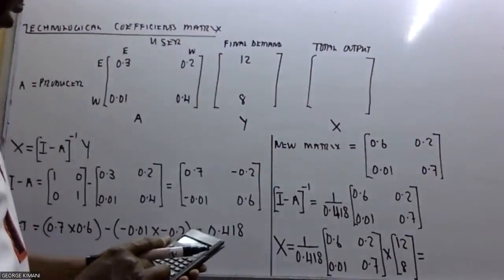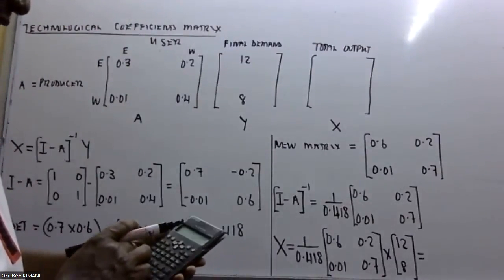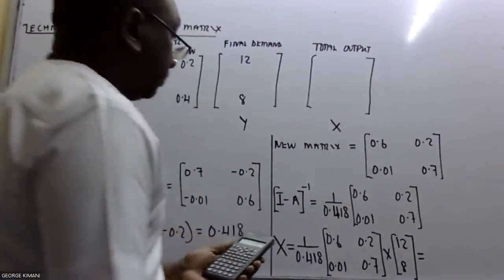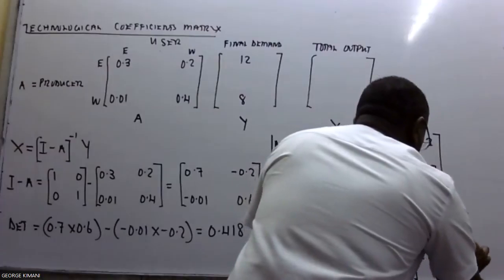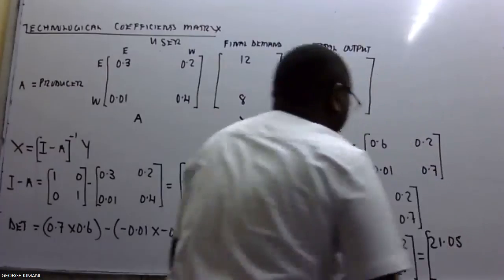Then we go to this inverse. Coming to the determinant, divide by 0.418, which is 21.05.